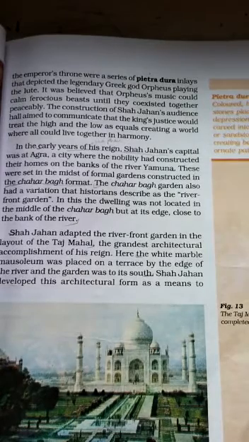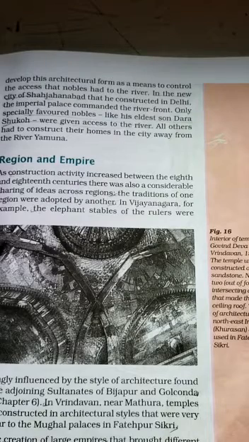This was the same in the new city of Shahjahanabad. Why? In the new city of Shahjahanabad, Shah Jahan used architectural form as a means to control the access that nobles had to the river. Why and how is that?